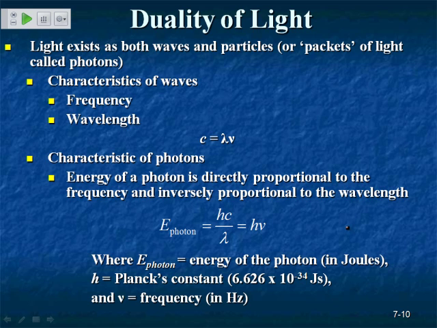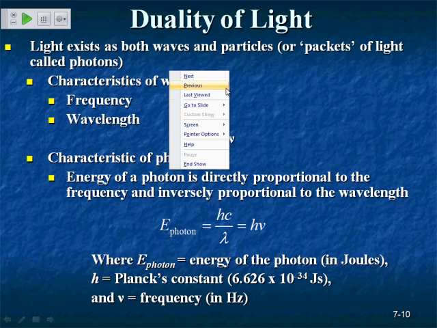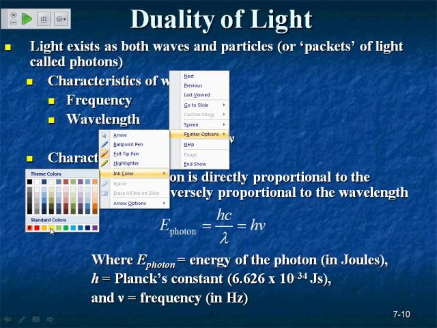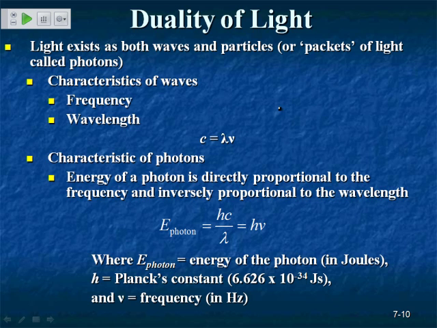Now, note that from that equation you can derive, let me get the pen. So from this equation, if I just want to know what is lambda, what will I do? c divided by nu, or nu is c divided by lambda.